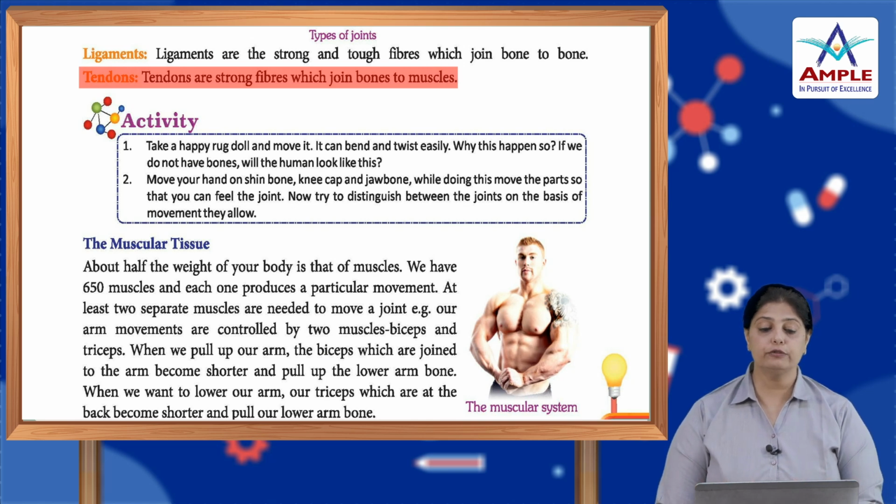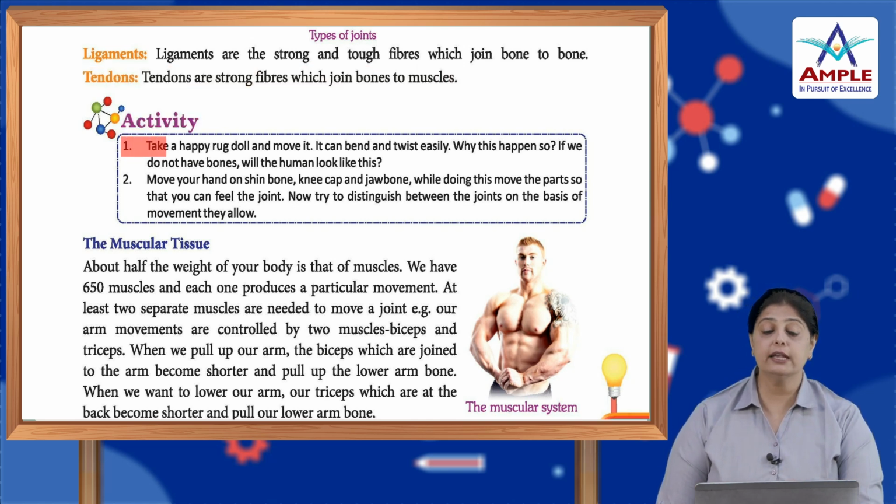Now, you have to do this activity. Take a rag doll and move it. It can bend and twist easily. Why does this happen? If we do not have bones, will the human look like this? Find out. Now, move your hand on the shin bone, kneecap and jawbone.